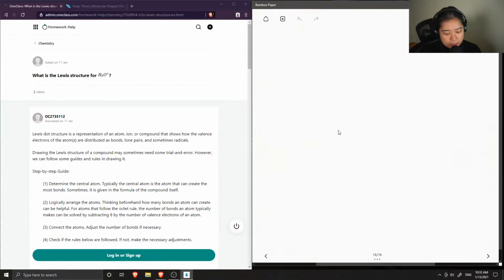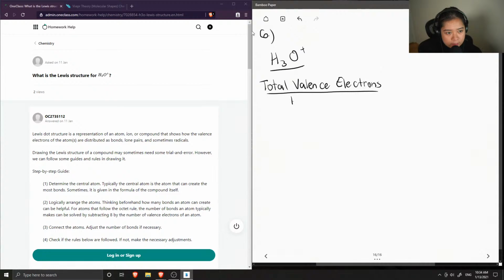Okay, so question number 6. What is the Lewis structure for H3O+? So this is the hydronium ion. First, let's write its total number of valence electrons. Hydrogen contains 1 valence electron, and there are 3 hydrogens, so we multiply this by 3.